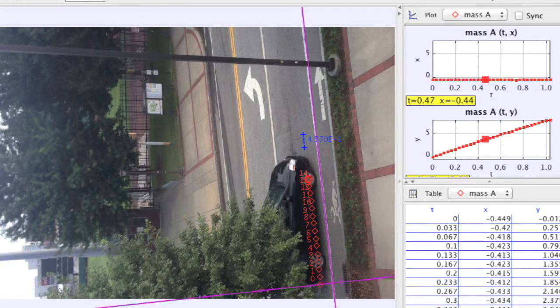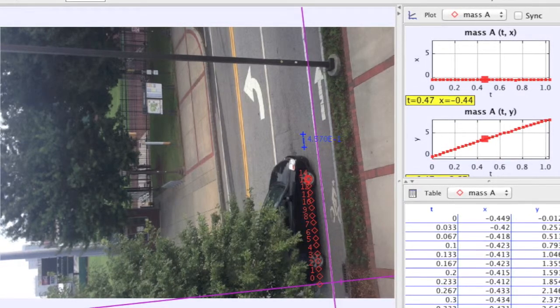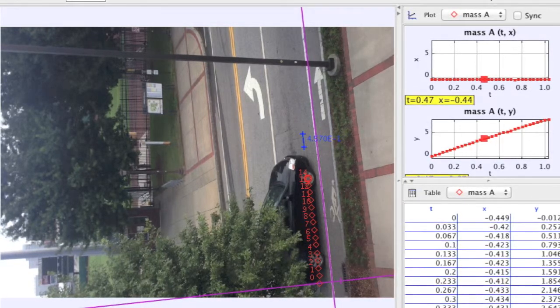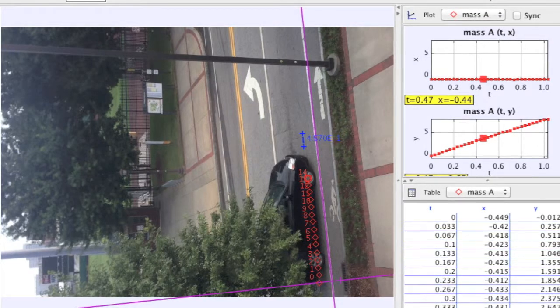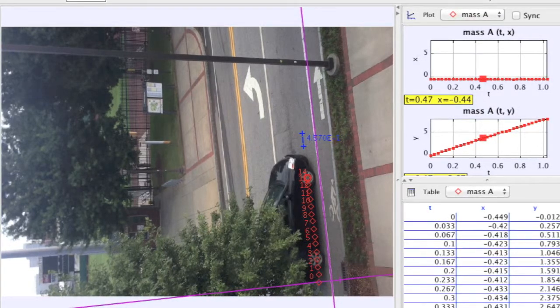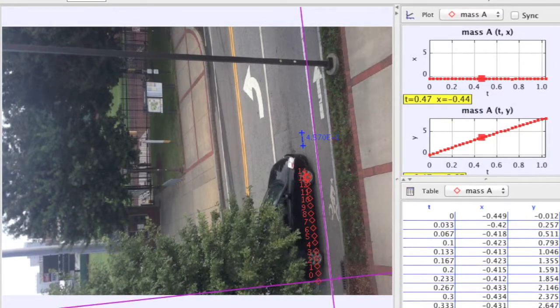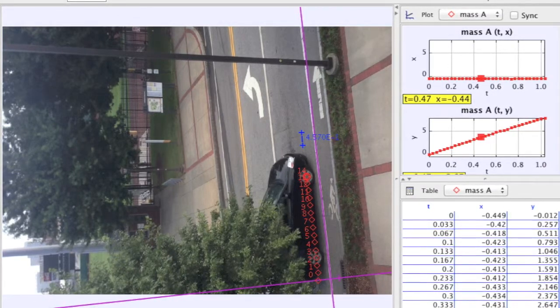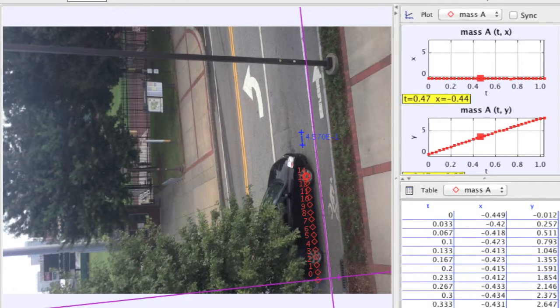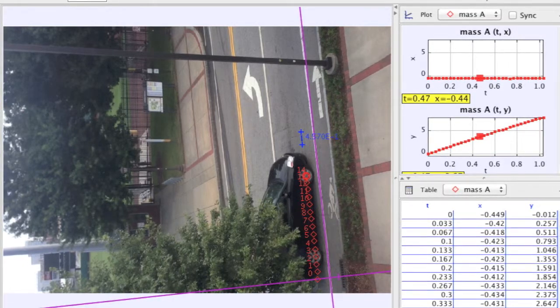Here you can see the tracker software that modeled the motion of the car. I placed the y-axis along that white line you can see to the right of the car, and the x-axis, of course, on the horizontal. And I tracked about 31 positions along that axis for a period of 1.035 seconds.